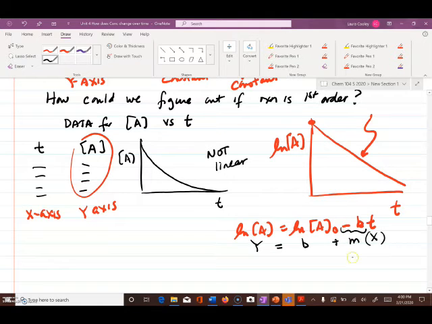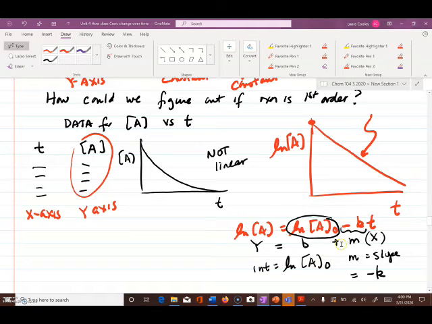So the slope is the negative of the rate constant, and the intercept is the natural log of the initial concentration. So this point here is actually the log of A0. That's the maximum value the log of A will have, its initial value when A is at its maximum concentration. Then over time, this will go down in a linear fashion, and the slope is minus k.